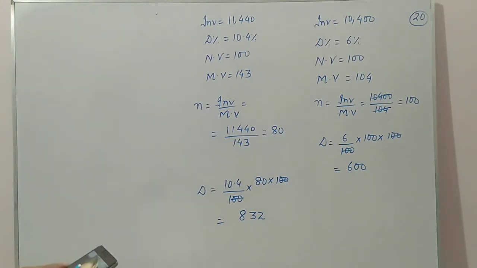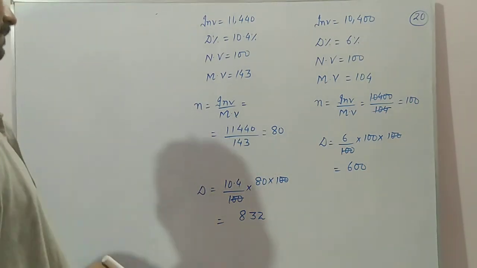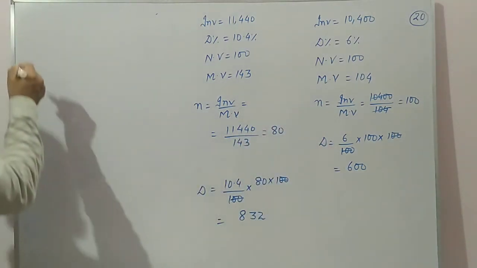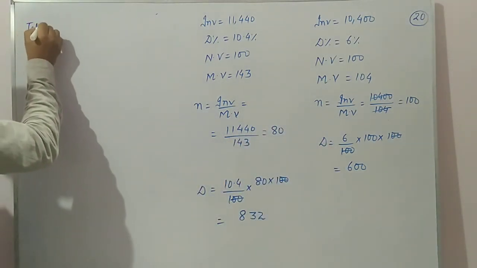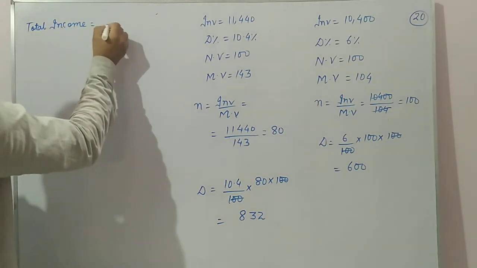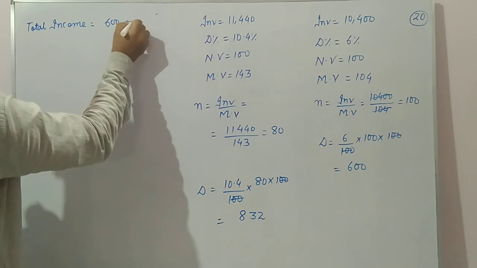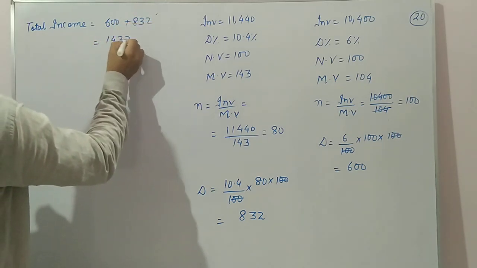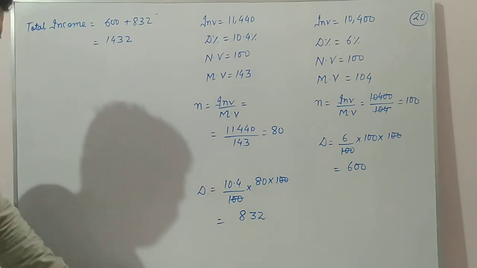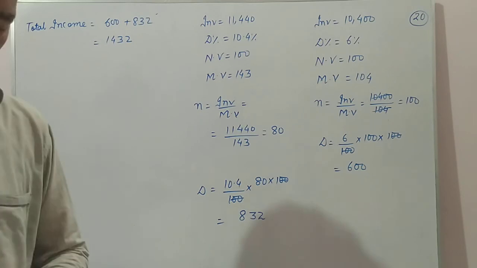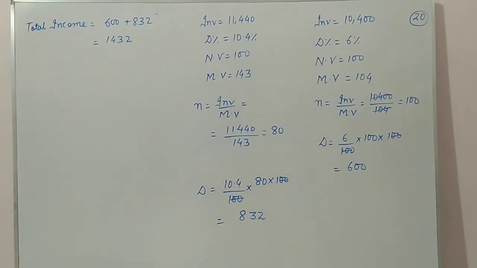Our requirement is the total dividend from the shares, this dividend plus this dividend. So total income from the shares will be 600 plus 832 equal to 1432. Okay. Up till question number 20 will be homework.